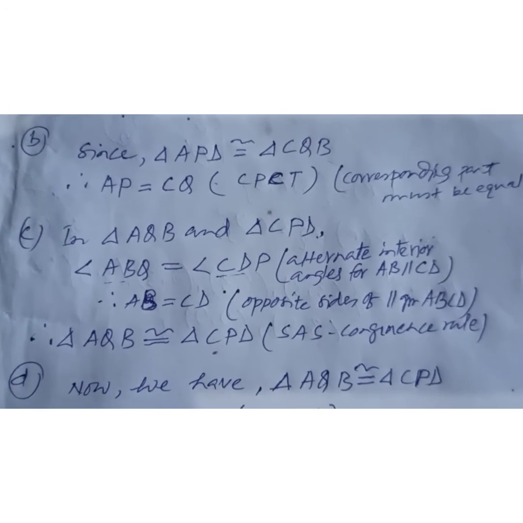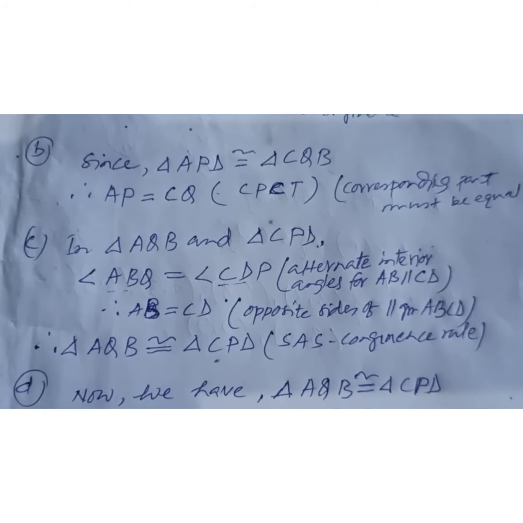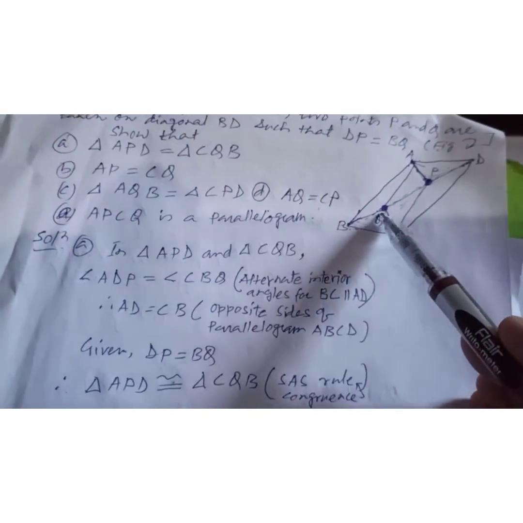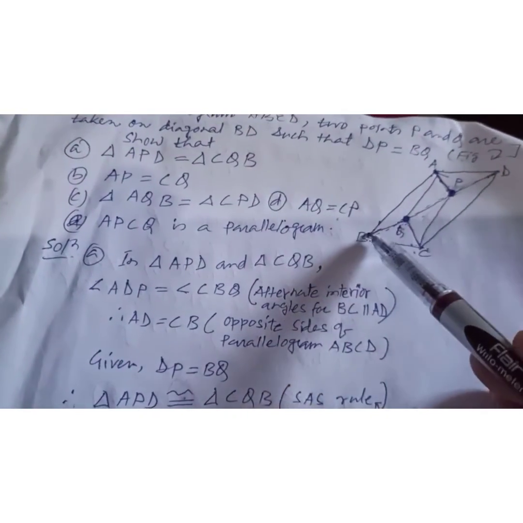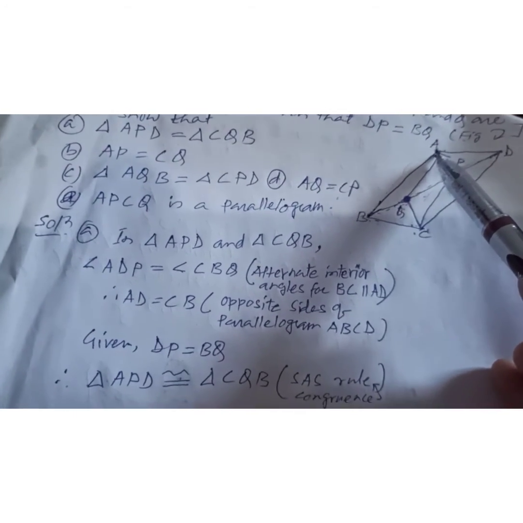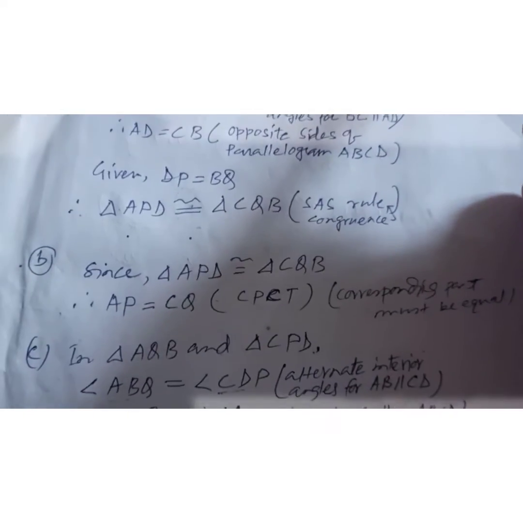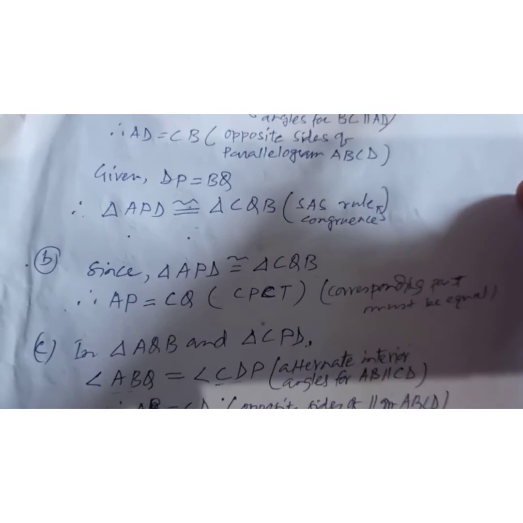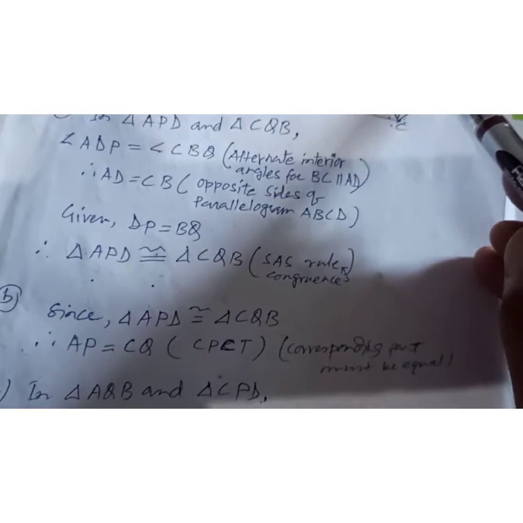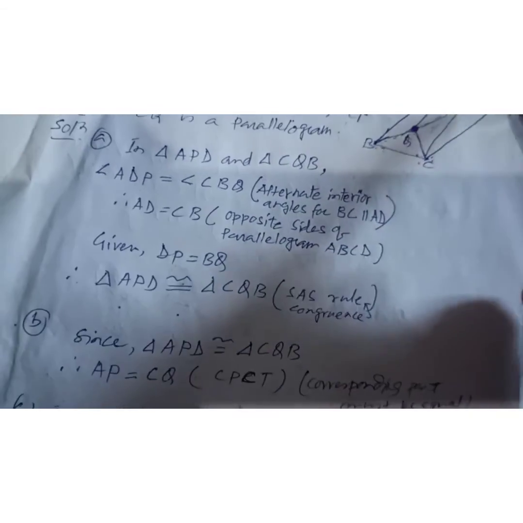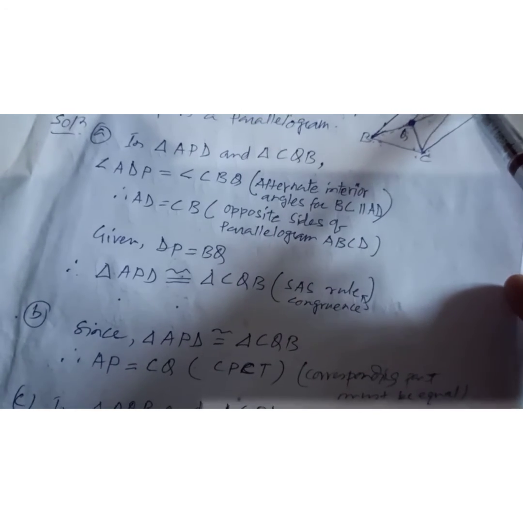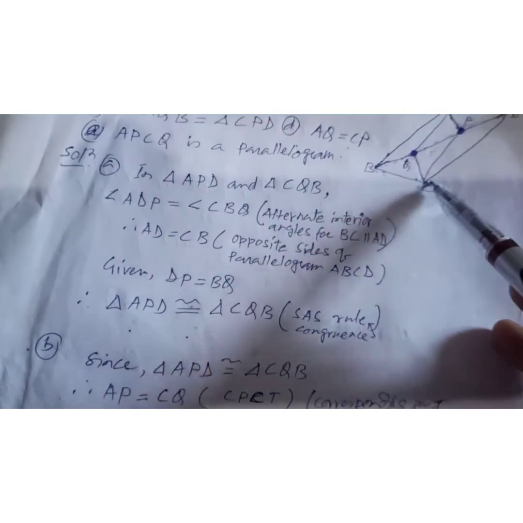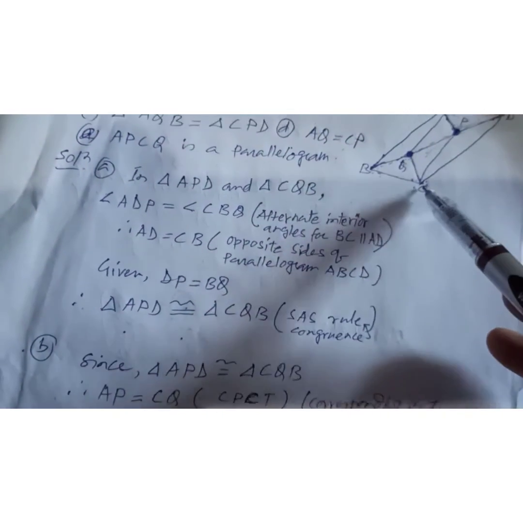Now the third part is triangle AQB. This will also produce a triangle. Its opposite is triangle CPD, which is CPB or BPC, same thing.